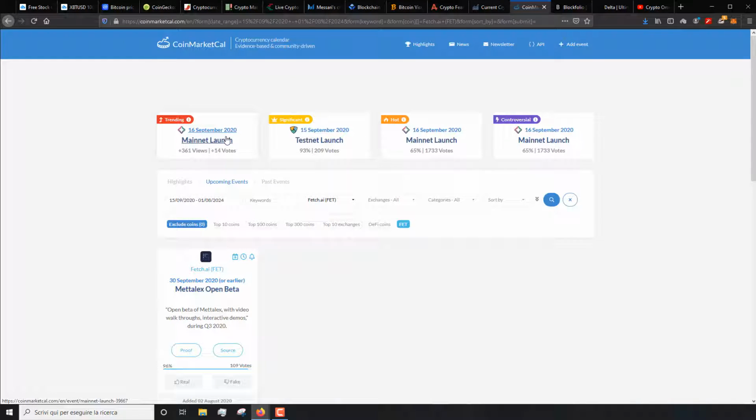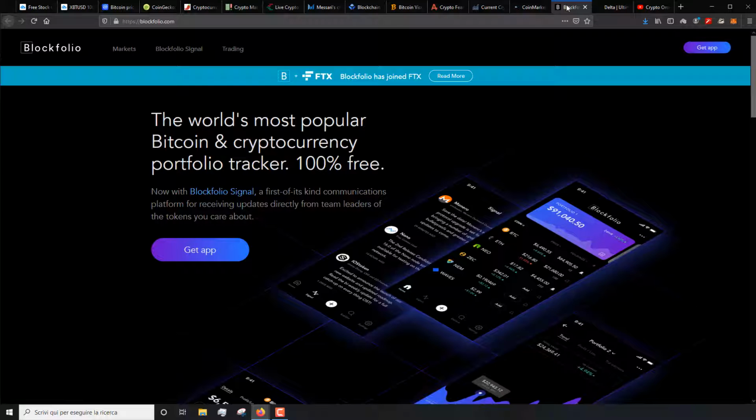For example, you can know which crypto pair is going on a mainnet launch, testnet launch, airdrops. You also have exchange listings, so it's a really important website to stay up to date with what's going on in the markets.